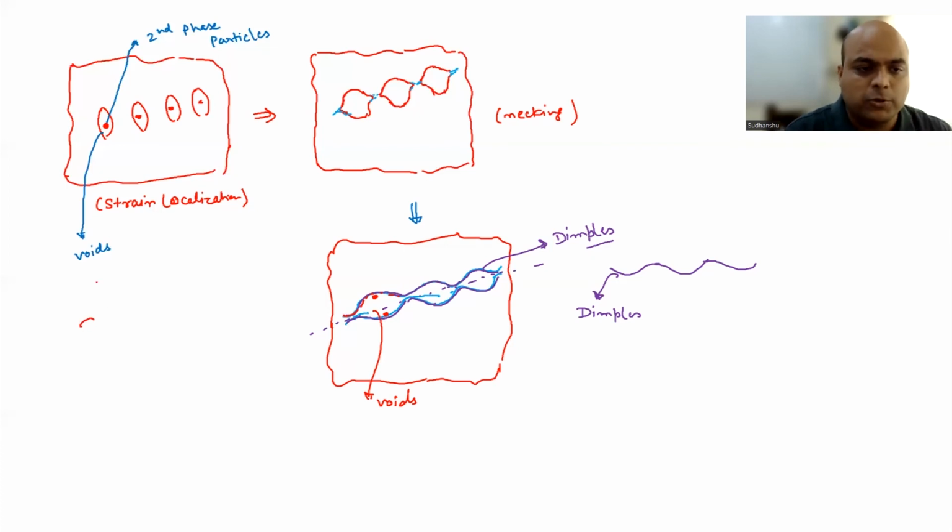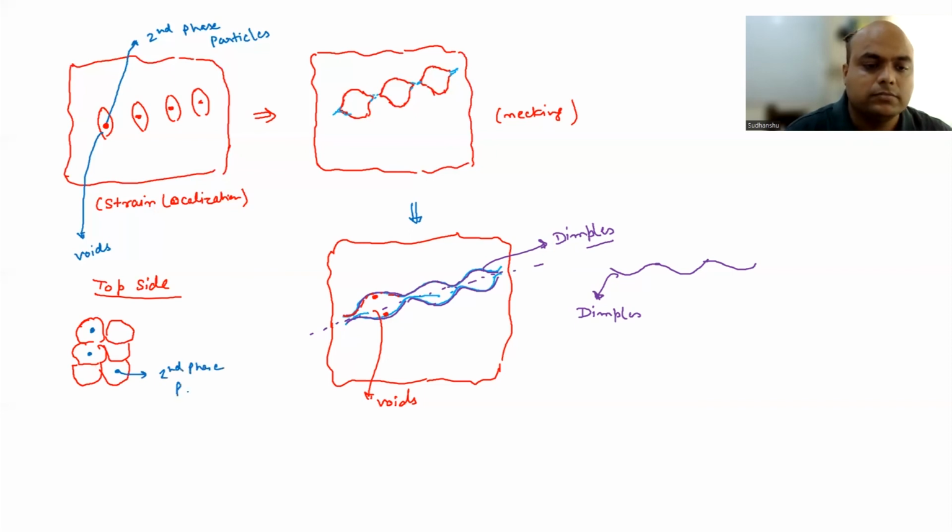If you see now from the top side of the fracture surface, you are going to see dimples, and inside those dimples you are going to see particles. These are your second phase particles, and this is your dimple.